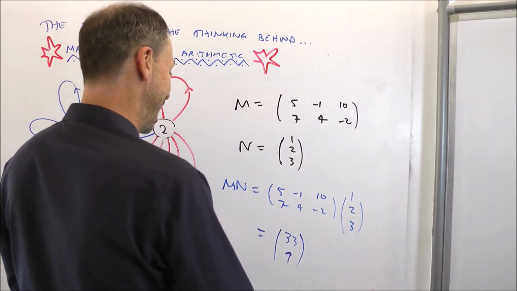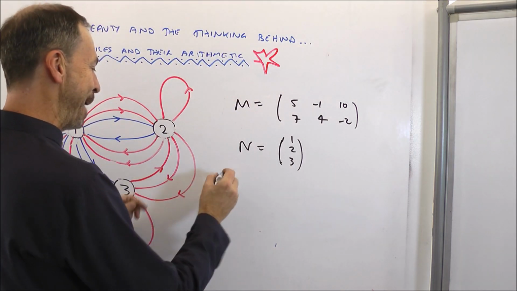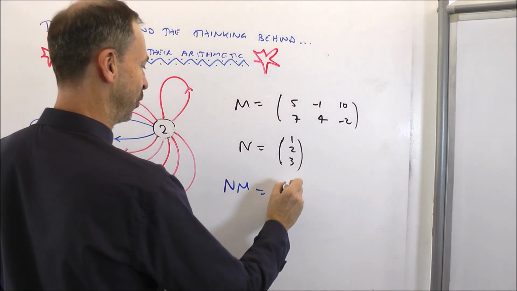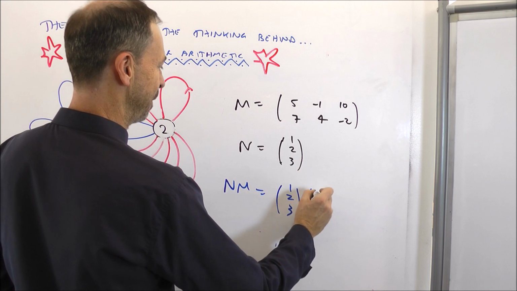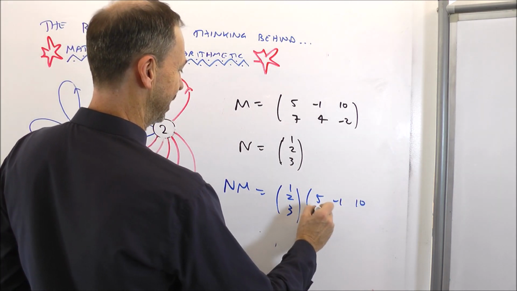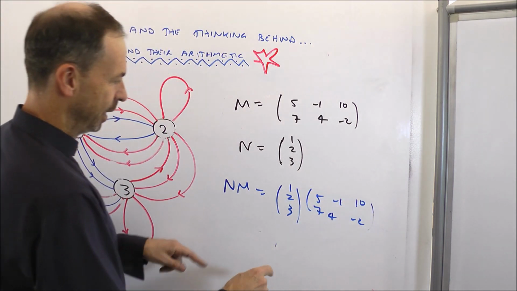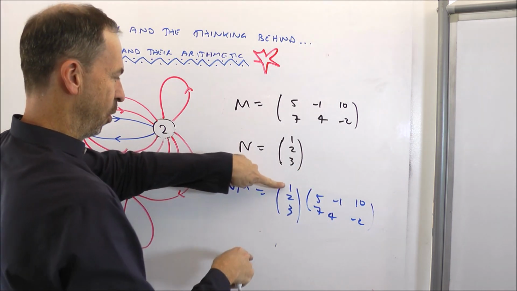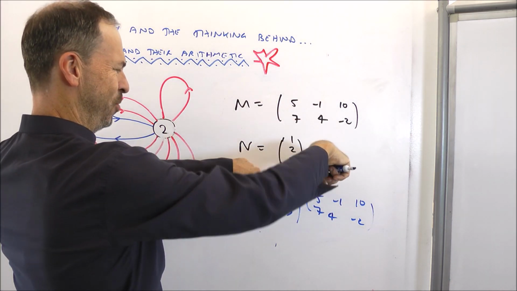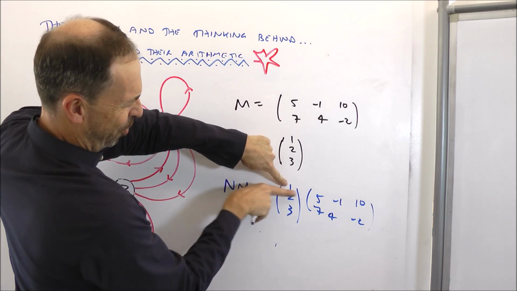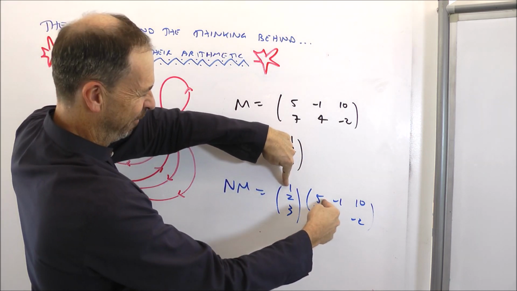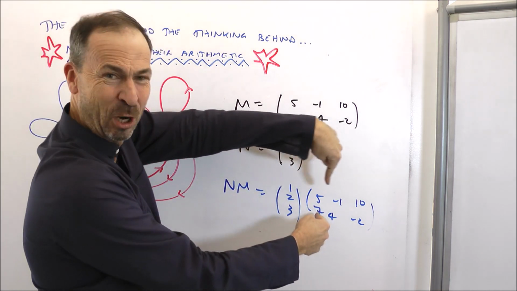Then, I bet if I tried the other way around, N times M, that would be this matrix 1, 2, 3, times this matrix 5, negative 1, 10, 7, 4, negative 2, a row and a column. So we're going to do row 1, which is just 1 entry, and column 1, with 2 entries there, 1 and 5, and there's nothing to go with the 7.